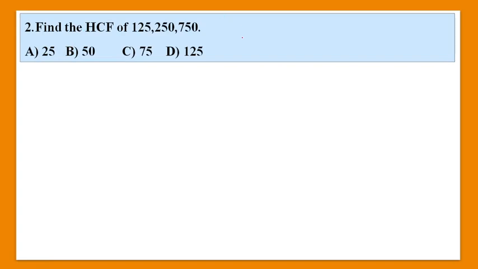Find the HCF of 125, 250, 750. Suppose I take 125 as a common factor outside, HCF of 1, 2, 6. 750 is divisible by 125 exactly 6 times.